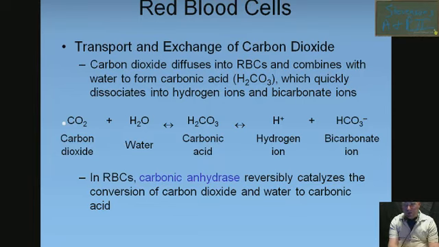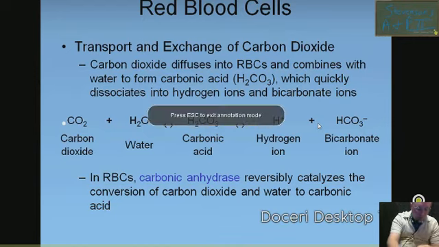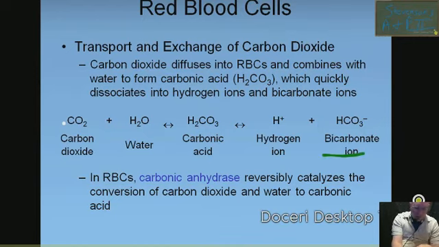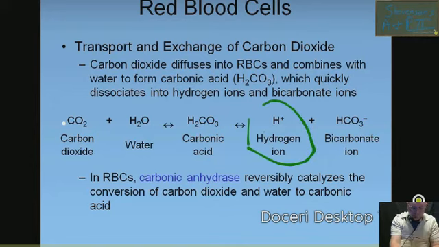It's a buffer system, meaning that if you increase the amount of bicarbonate ion, it will go the other direction and start forming more carbonic acid. If you increase the hydrogen ion concentration, it will form more carbonic acid.